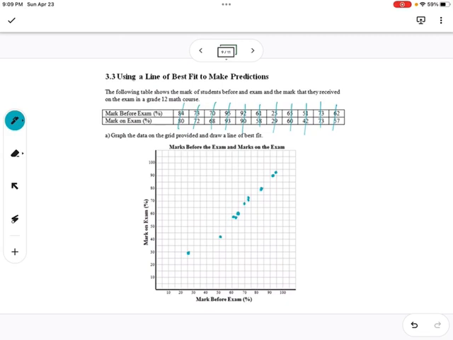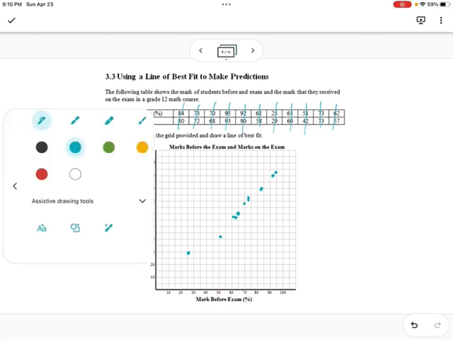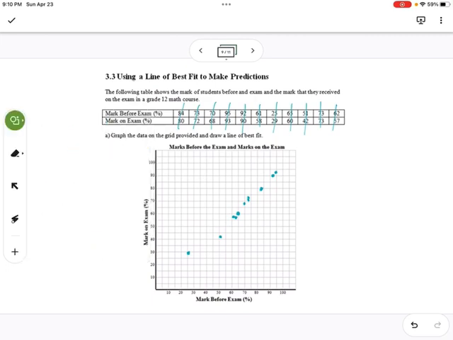Okay, so with these points, we notice that we have a strong positive correlation. And we can make a line of best fit.